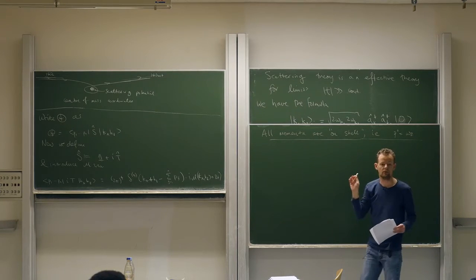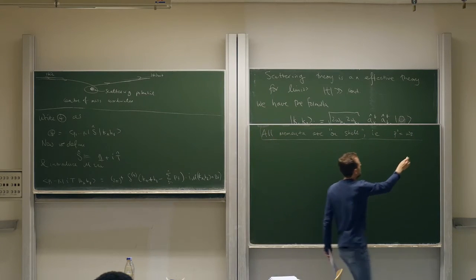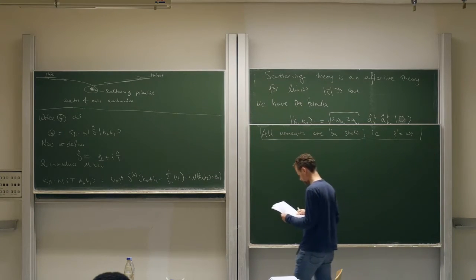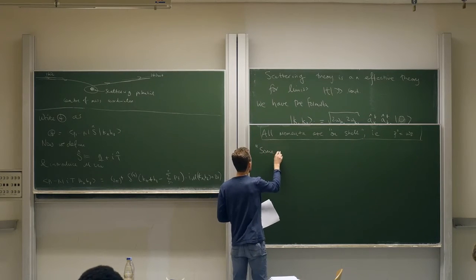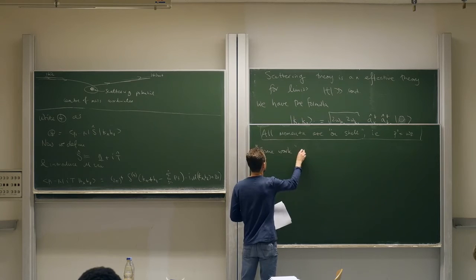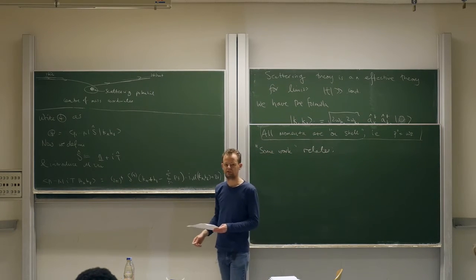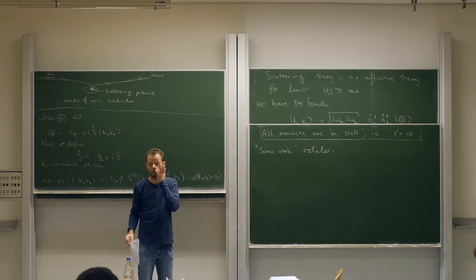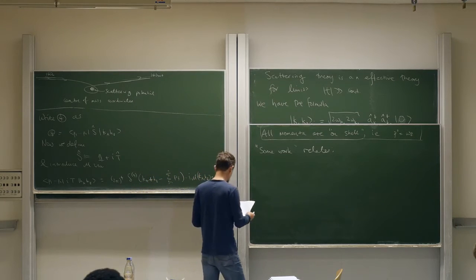Okay, it's worth pointing out that all momenta will be on shell, meaning we're describing physical particles here, so that the P naught component is given by the energy. Now, some work relates this M quantity here to the scattering cross-section, which is something you can observe in an experiment empirically.